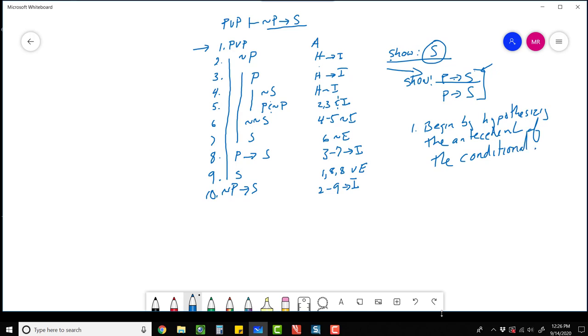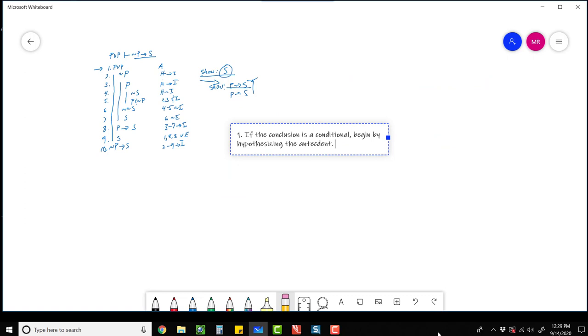Let me actually write this a little more clearly. So if the conclusion is a conditional, begin by hypothesizing the antecedent.